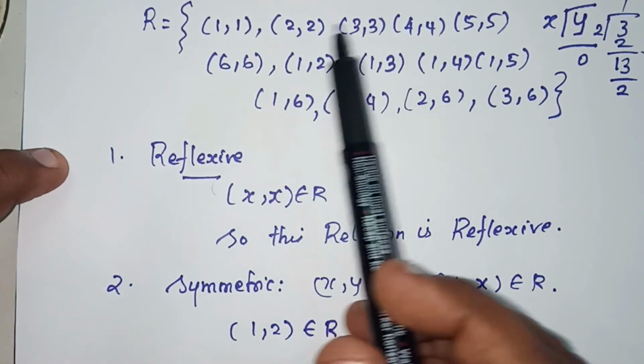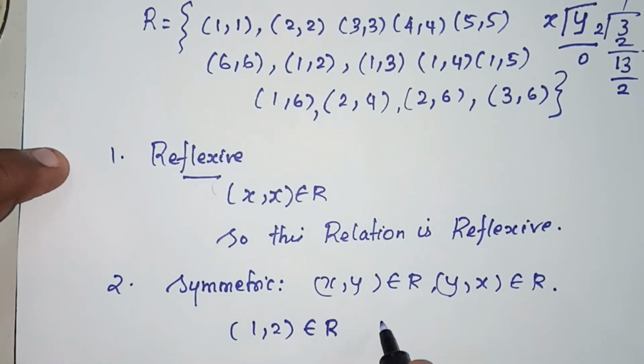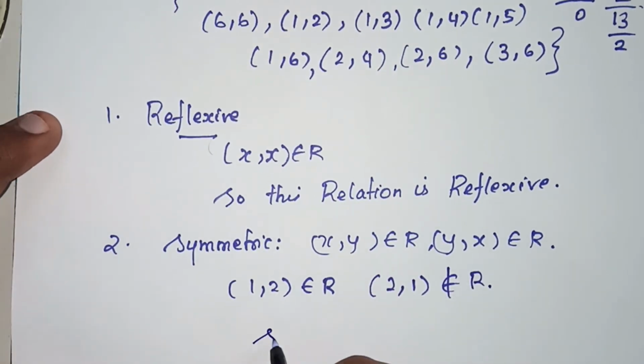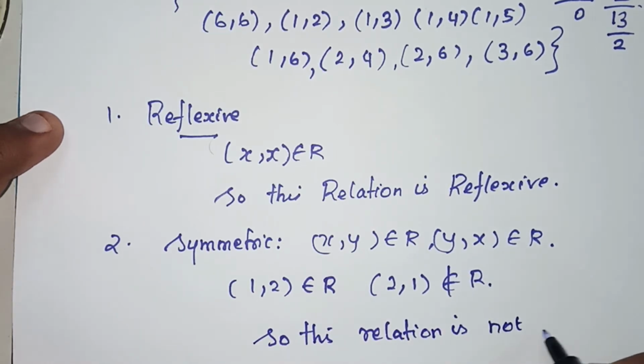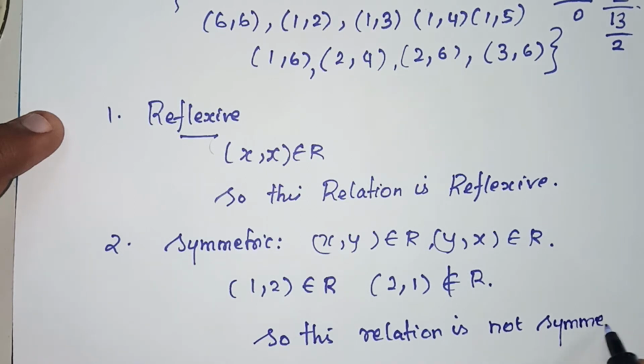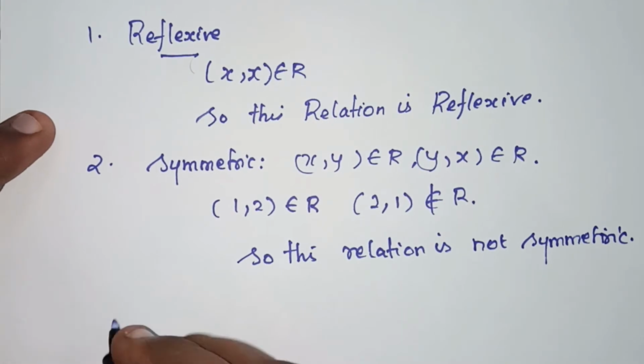No. (2, 1) is not available in this relation. So (2, 1) is not available in the relation. So this relation is not symmetric. It is not satisfying the symmetric property. Okay. Next one is transitive.